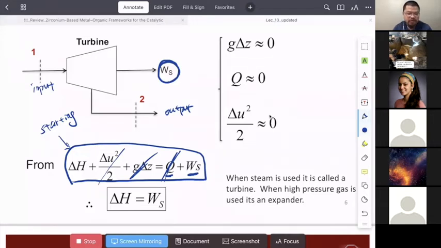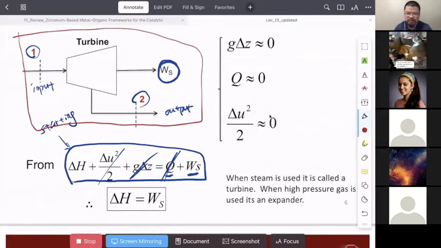But of course, when you look at the unit 1 and unit 2, they are going to have some temperature difference. They're going to have some enthalpy energy differences. But we are looking at this whole unit. If we look at this whole unit with the surrounding, then there's no heat exchange. Okay, so this is the definition of the adiabatic.